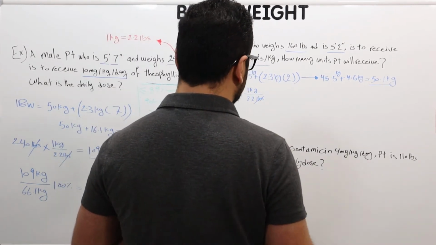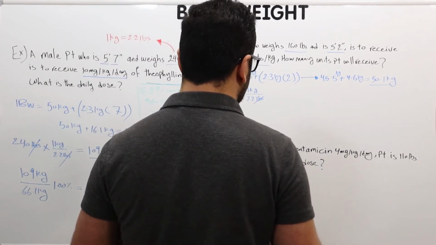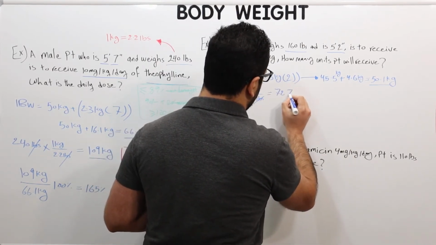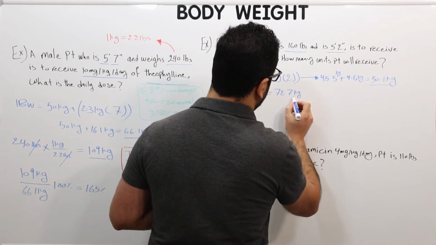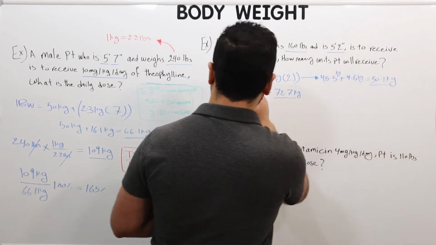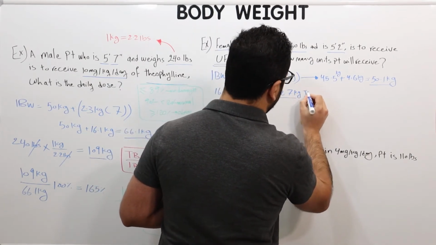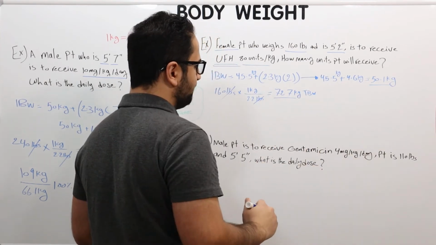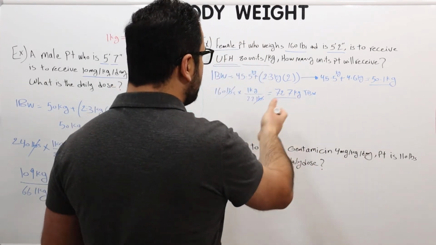Now 160 divided by 2.2 is basically 72.7 kilogram. This is the total body weight, or actual body weight, same thing. So now I have both of them.